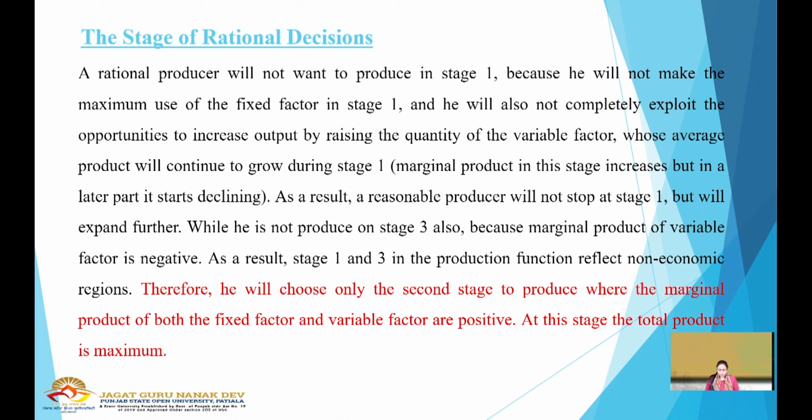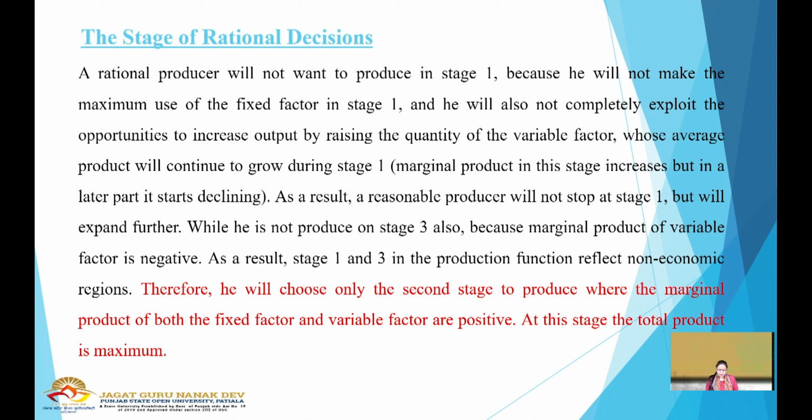So as a result, a reasonable producer will not stop at the first stage but will expand further. He will not produce in the third stage also. So he will not prefer the first stage as well as the third stage, because the marginal product of the variable factor is negative in the third stage.